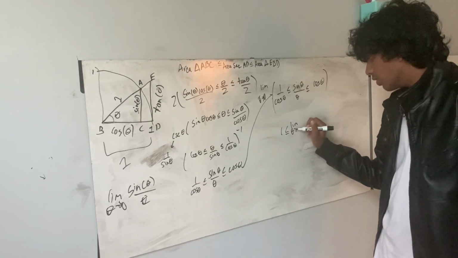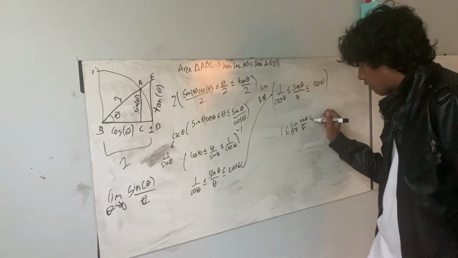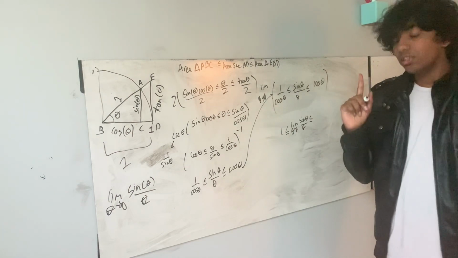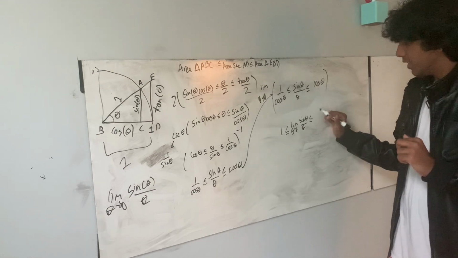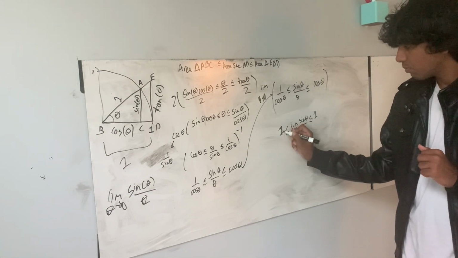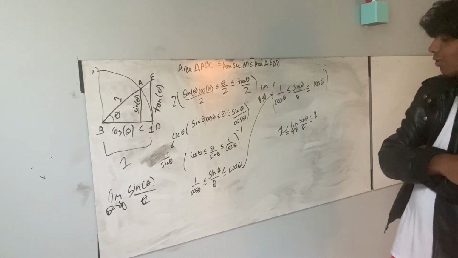We don't know. That's our goal. Cosine theta, where theta is 0. Cosine of 0 is 1.